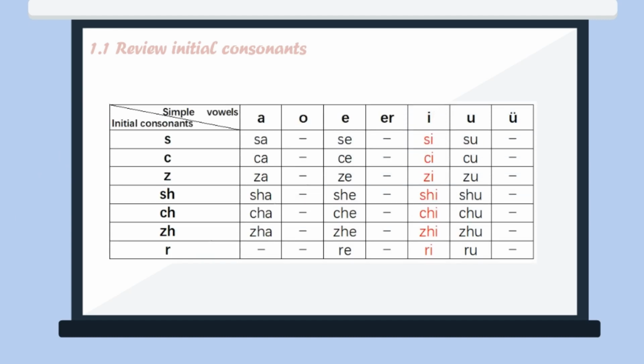Sa, se, su, ca, ce, cu, za, ze, zu, sha, she, shu, cha, che, chu, zha, zhe, zhu, re, ru.